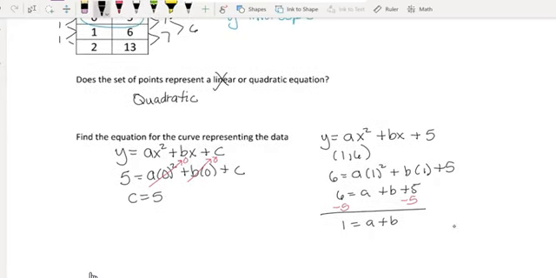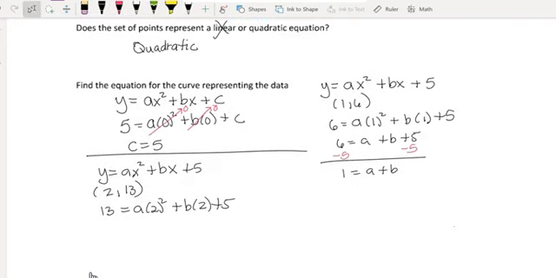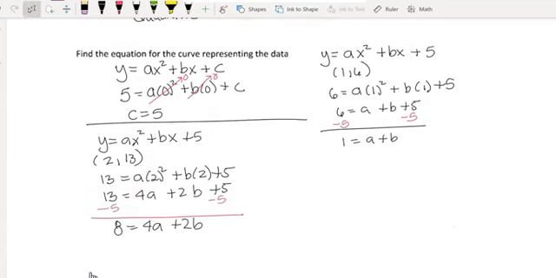So now I'm going to go back to the original equation, and I'm going to plug in the point 2, 13. Okay, I'm going to clean that up and move the 5 to the other side. So now I have 2 equations and 2 unknowns.